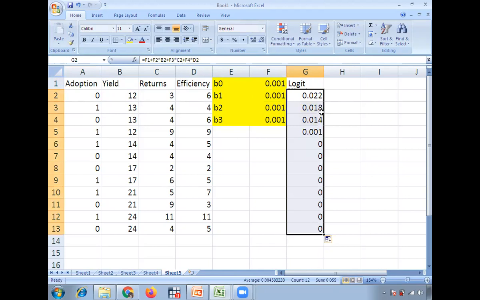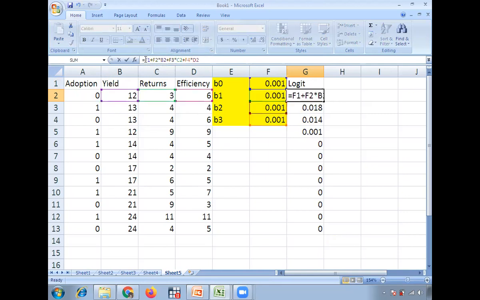Here we should be very careful because we have to fix values. These beta coefficients need to be fixed. The independent variable values can vary because we have a number of values, but we have to fix the beta coefficients. How to fix it? I have told you already. We have to use F4. When you use F4, it is fixed.